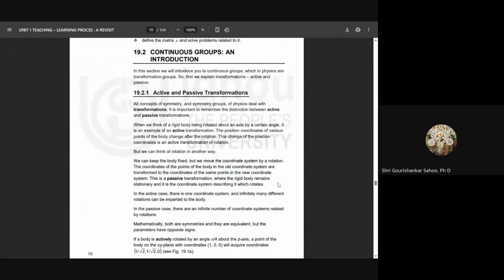Similarly, we can keep the body fixed, but move the coordinate system by a rotation. The coordinates of the points of the body in the old coordinate system are transformed to the coordinates of the same point in the new coordinate system, and this is passive transformation, where the rigid body remains stationary and it is the coordinate system describing it which rotates.